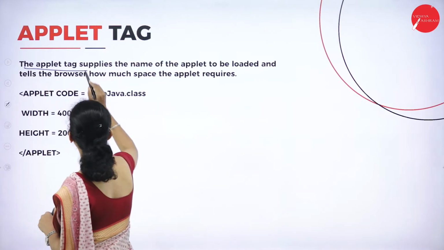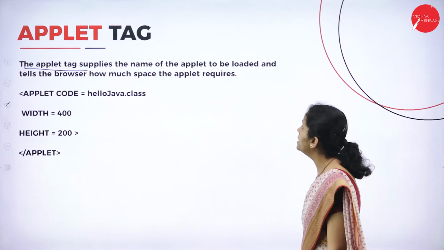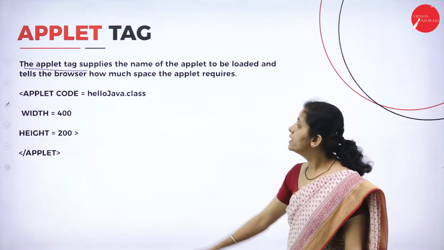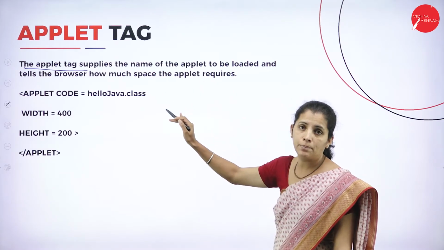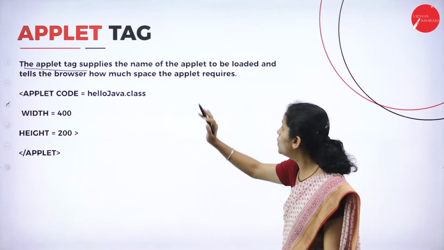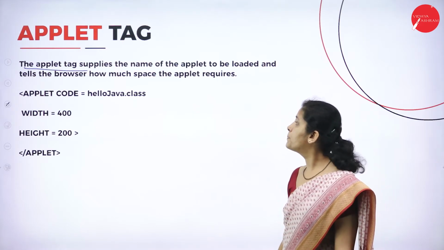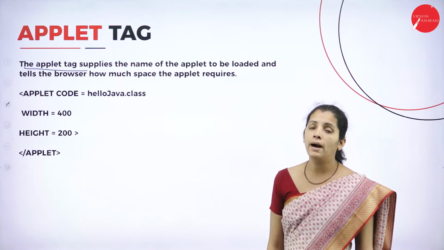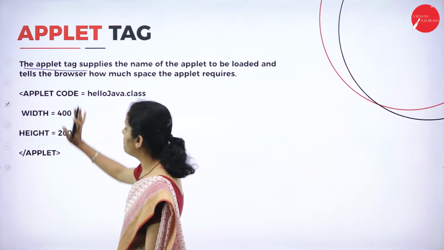An applet tag supplies the name of the applet to be loaded, which applet program I want to load, and tells the browser the space required by the applet.